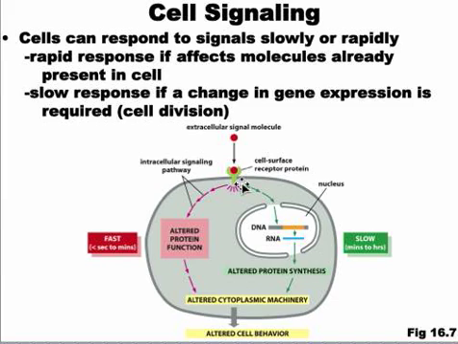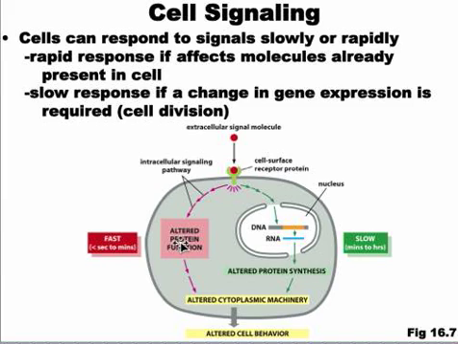So the first pathway is referred to as the rapid response, and it's rapid because it affects molecules already present in the cell. So we're going to say that we have some proteins that are already present, but maybe they're inactive. And when we transduce this signal, maybe now we phosphorylate those proteins, or maybe now we cleave an inactivating portion of that protein off.